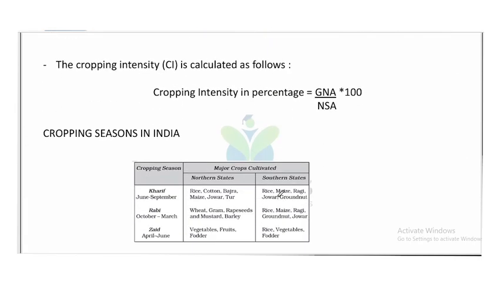Now, the cropping intensity, that is CI, is calculated as follows. The cropping intensity percentage, that is CI%, is equal to GCA into 100 by NSA. Okay, so that is the cropping intensity calculation.